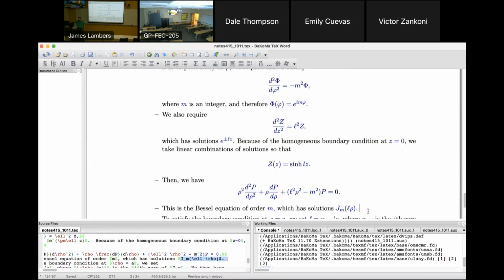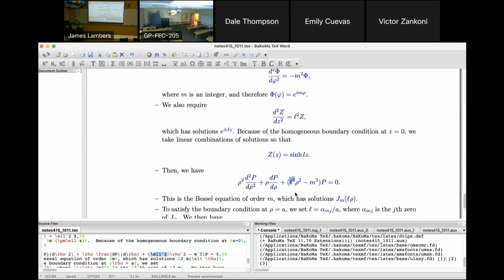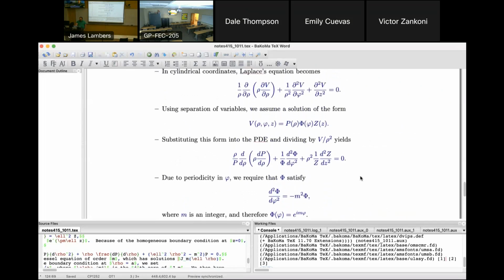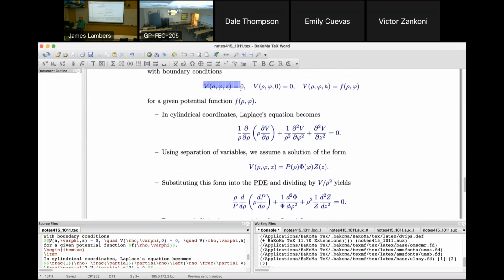And these are the solutions. Where this L comes from here. We still don't know what L is. To specify L, we need to require that when we set rho equal to A, that this is 0. And that's because of this boundary condition right here, the first one.